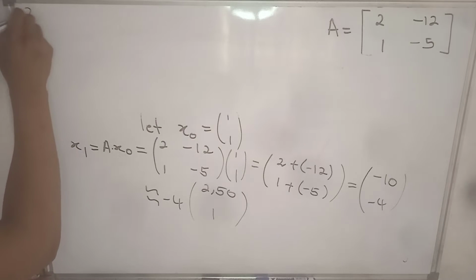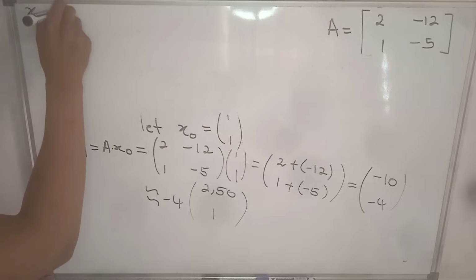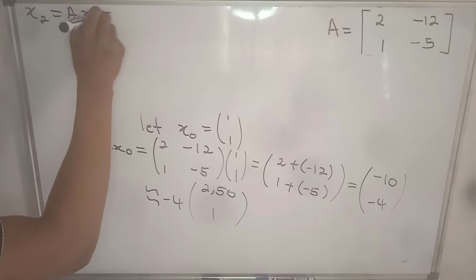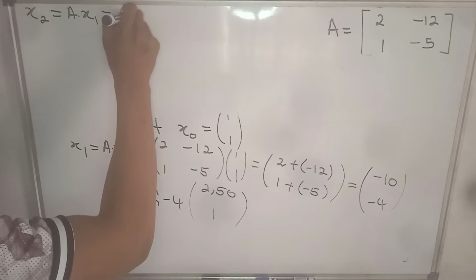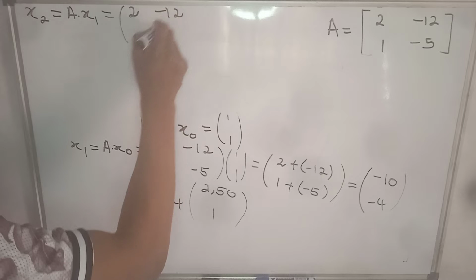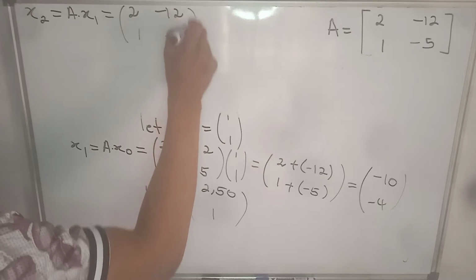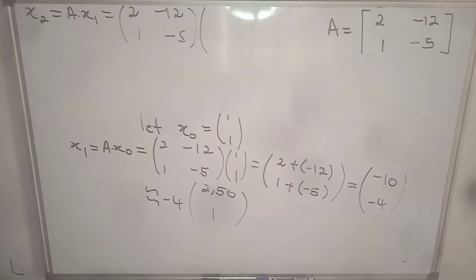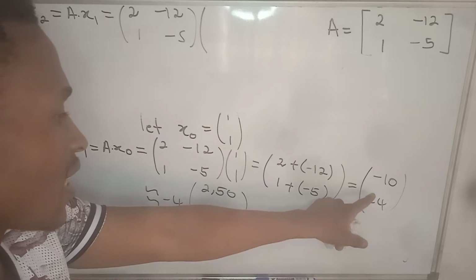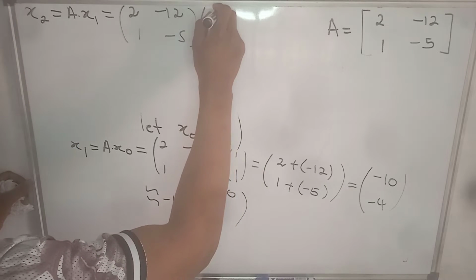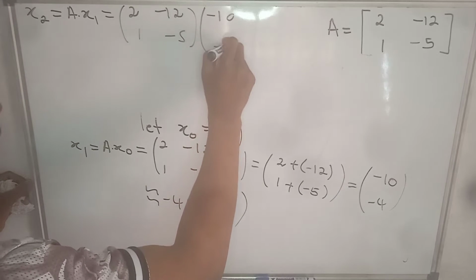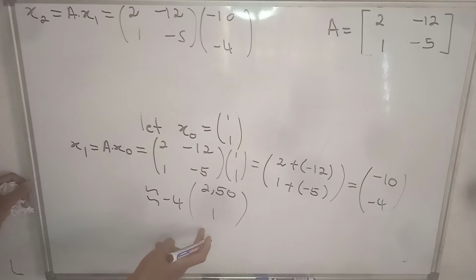So x2 equals A times x1. Our original matrix is [2, -12; 1, -5], and our first iteration was -10 and -4.